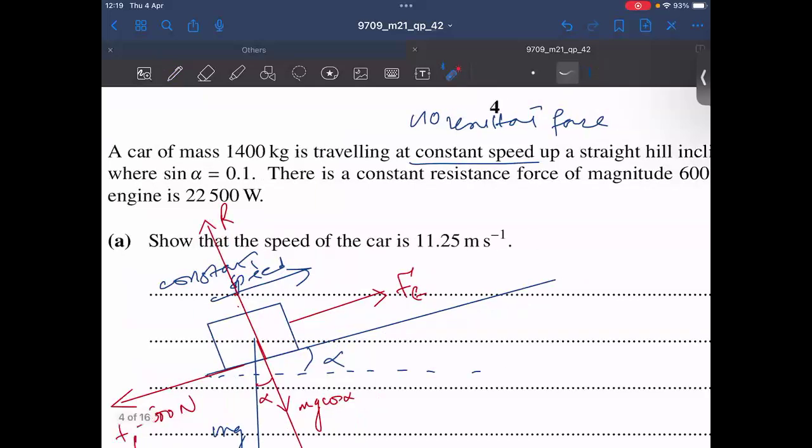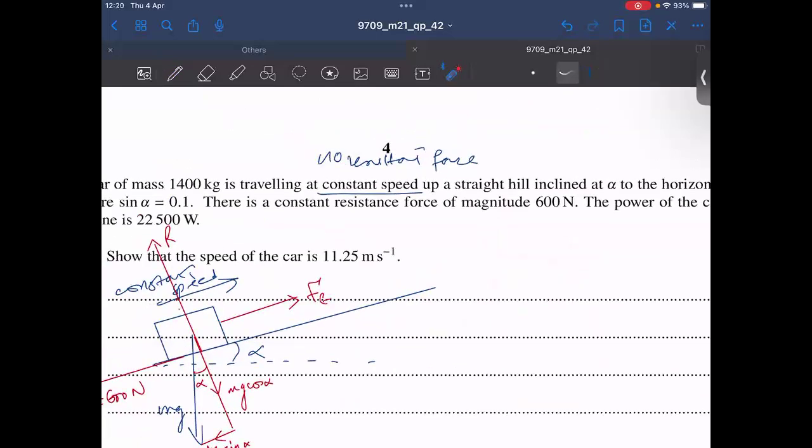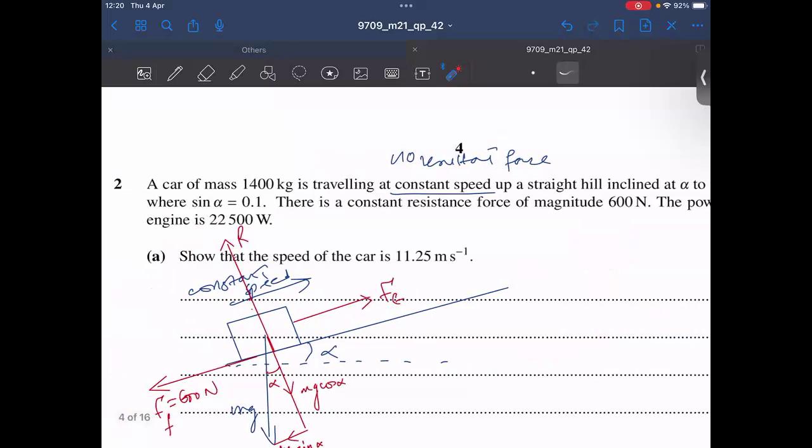If the surface is vertical, the normal reaction would be horizontal, away from the surface. If the surface is horizontal, it's going to be like this. But for a normal reaction force to exist, the object must be in contact with the surface. For an object that is falling in the air, it is not in contact with any solid surface, so there won't be any normal reaction force. And if the surface is inclined, the normal reaction force, if it exists, is going to be perpendicular to the surface. So I've drawn it perpendicular to the surface.